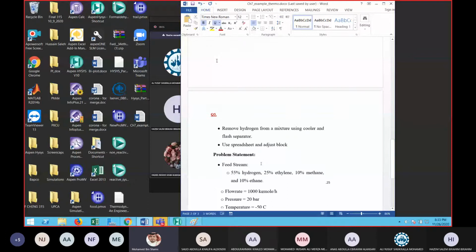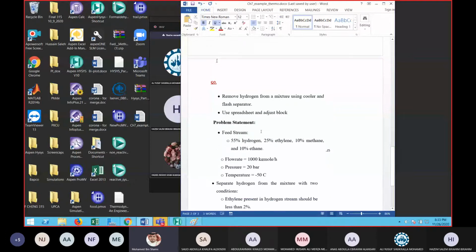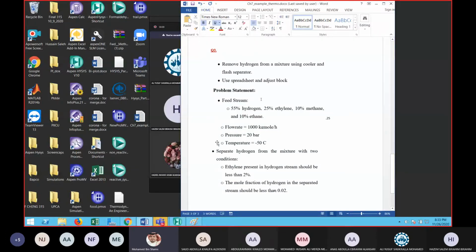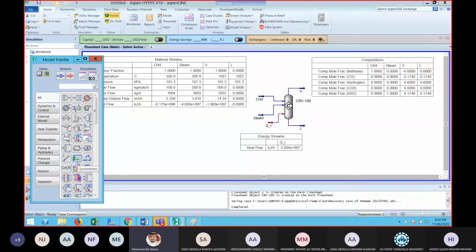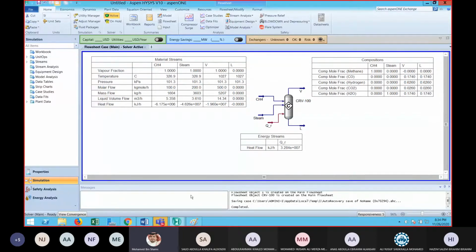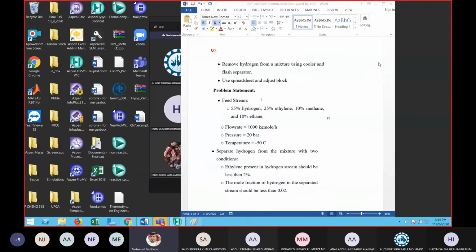The goal of this question, guys, is to introduce you to two utilities in HYSYS. One of them is this Spreadsheet, and one of them is called Adjust. Okay, I will teach you them through an example, and through the example you will know what they are doing. So let's give you 1 minute to read the question.